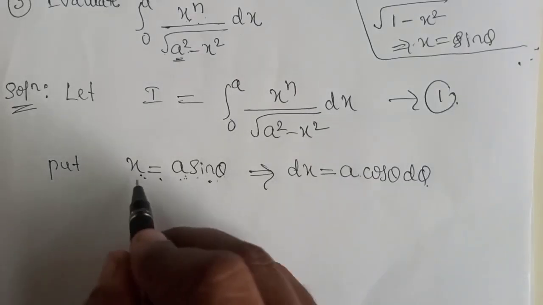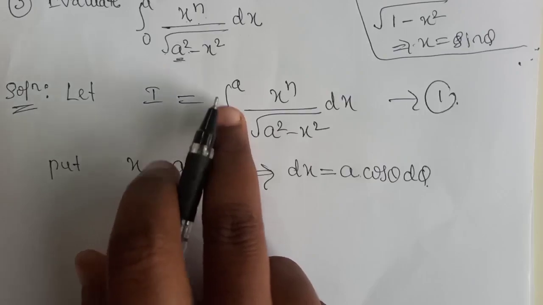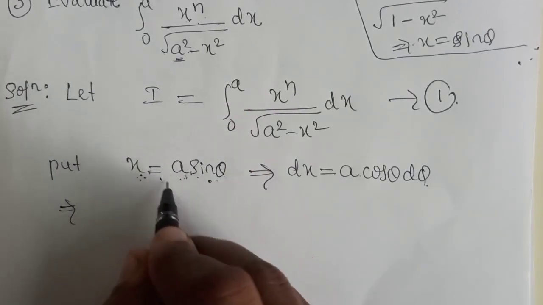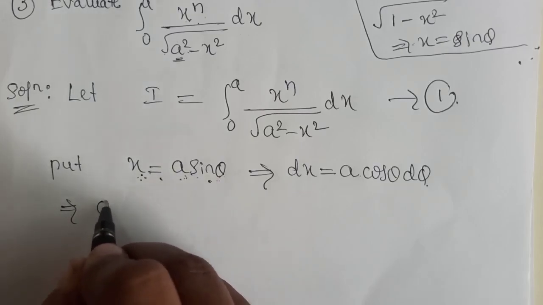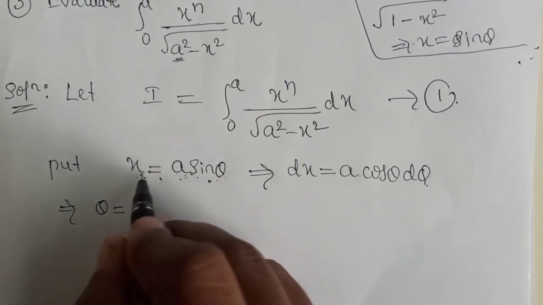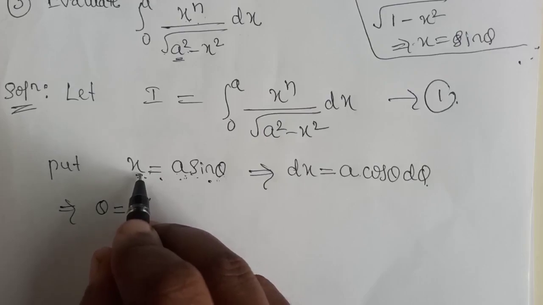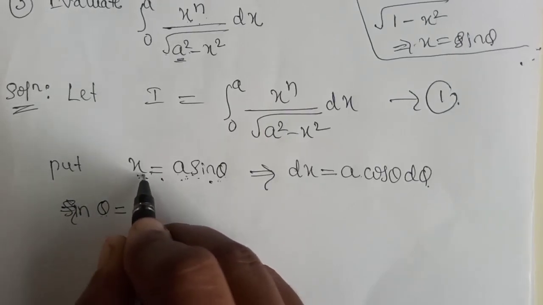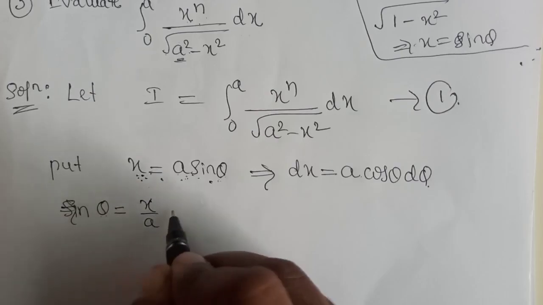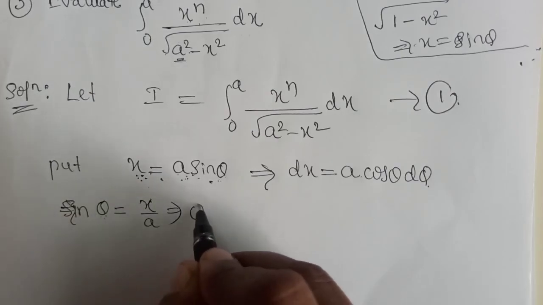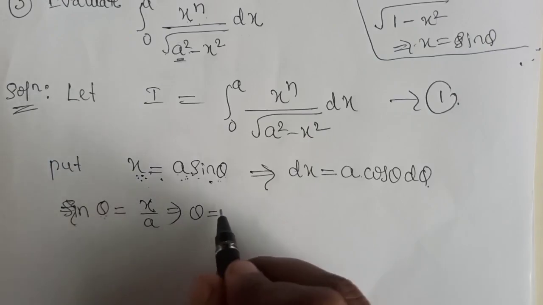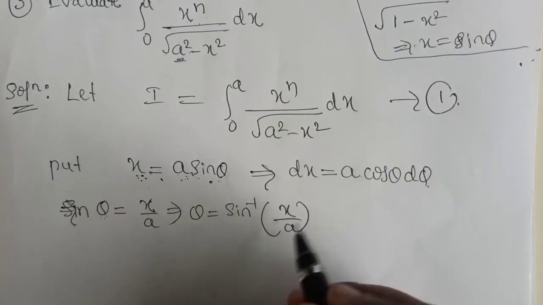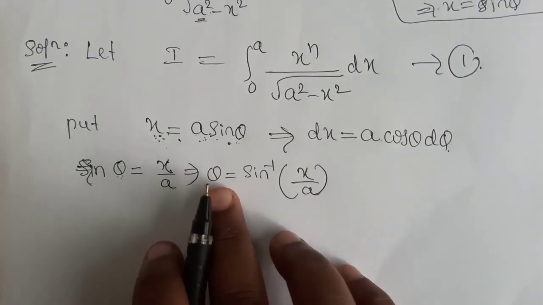Now we have to change these limits also. To get the limits, first we separate this theta value: sin theta is equals to x by a. Sending this sine to this side, we get theta equals sine inverse of x by a. Now we can get the theta value easily.